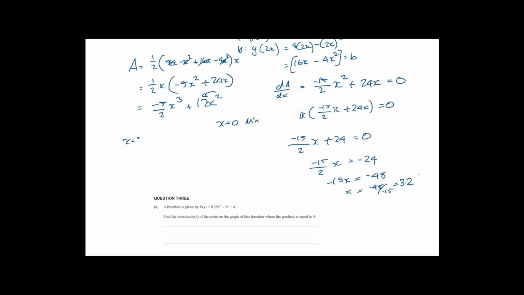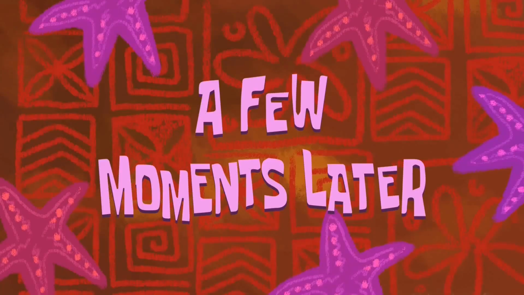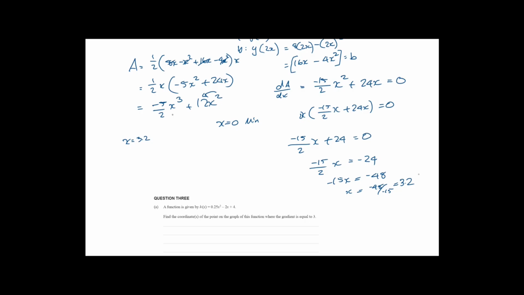When x is 3.2, our area is, well, what did we say the area was? It's going to be minus 5 over 2 times 3.2 cubed plus 12 times 3.2 squared, and it's going to give us some number.